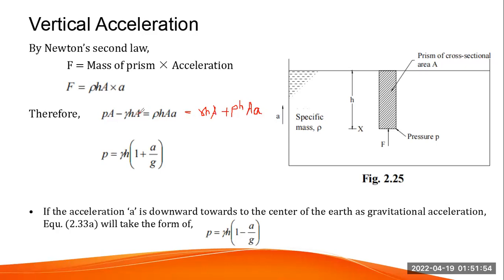So, lahat sila merong area, di ba? Pati dito sa kabila may area. So, maka-cancel out lang yan. Cancel, cancel, cancel. Matitira natin is unit weight times height plus rho times height, and then times acceleration.